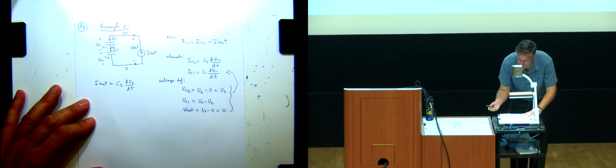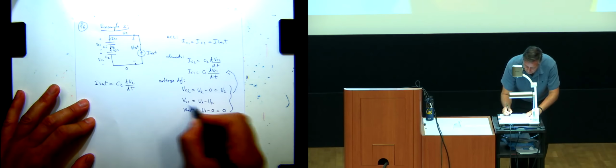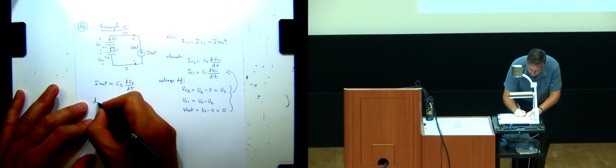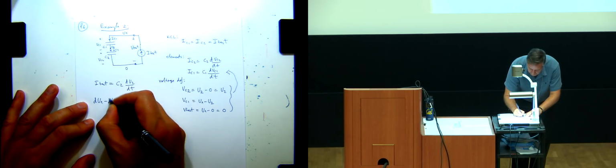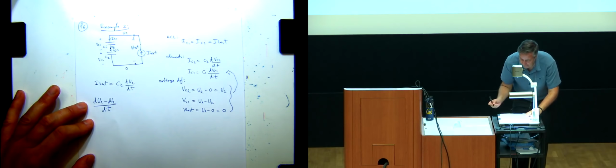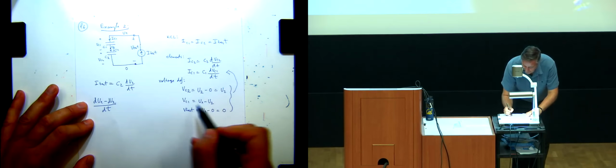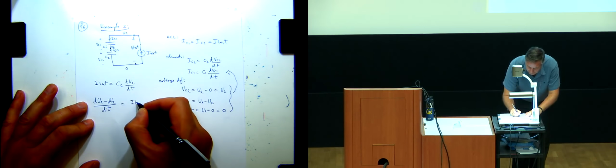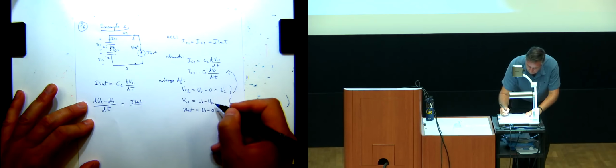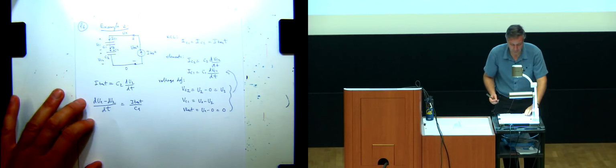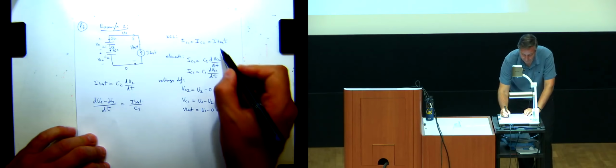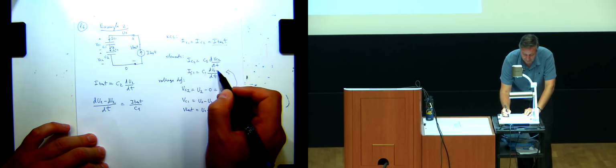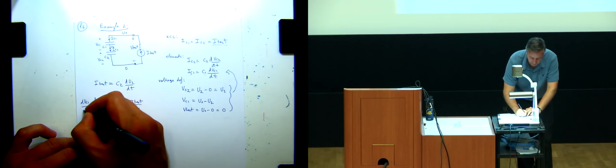And then we also get from this one over here, let's say dU1 minus dU2 over dt. That's from this equation here. That's equal to I test over C1. So we're just replacing I test here, dividing by C1, to get dVC1/dt. So this is dVC1 over dt.